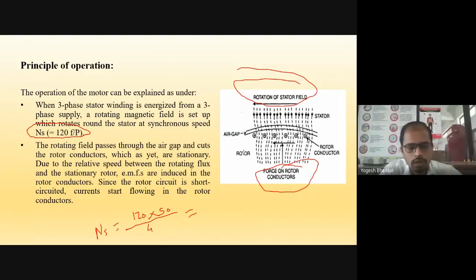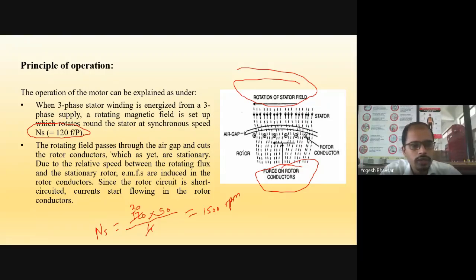Ns is 120 times 50 by 4, that is 1500 rpm. So this will be the speed of rotation for the magnetic field. In this way, we have to calculate the speed at which the magnetic field rotates. That we have seen in the previous topic.